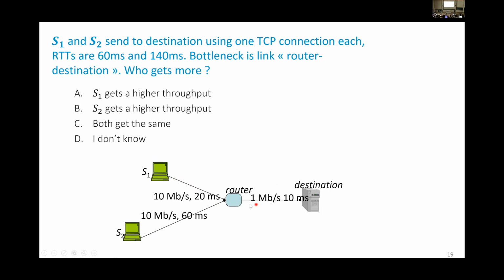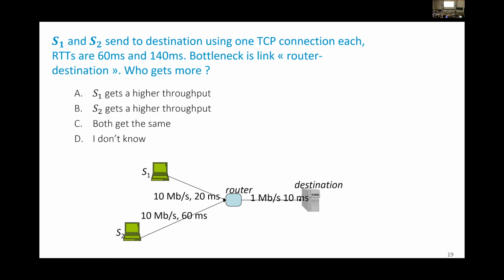Since the round trip time of S1 will be smaller than the round trip time of S2, and if S1 and S2 are the only two sharing the bottleneck, the sharing will be done, as we have seen before, by maximizing the utility function. Therefore, the result of this distributed optimization problem will be to give more to S1 than to S2, because S1 has a higher utility function for a given rate.